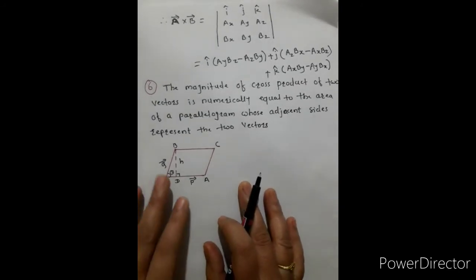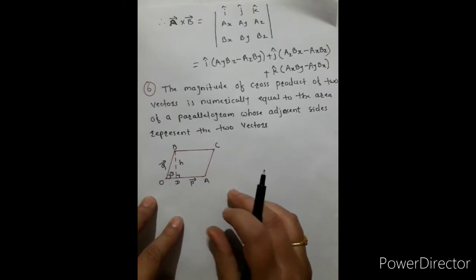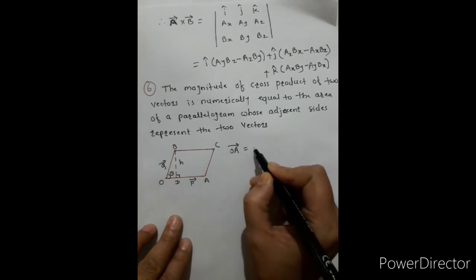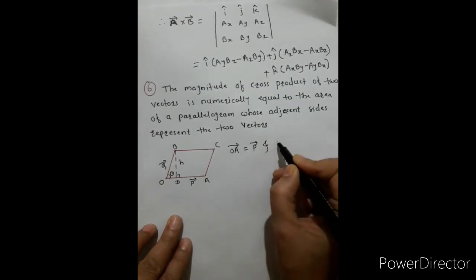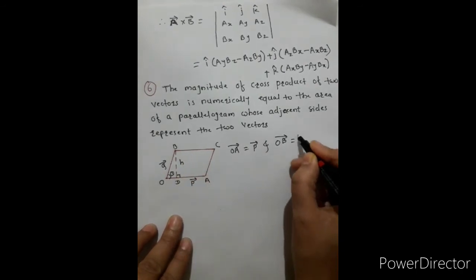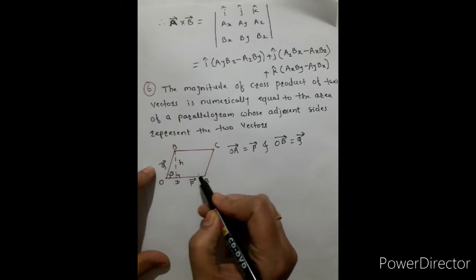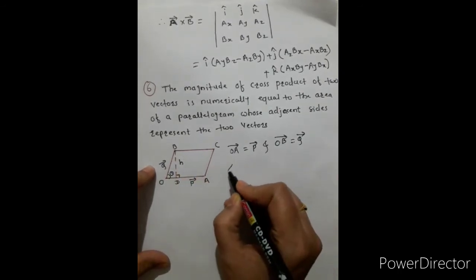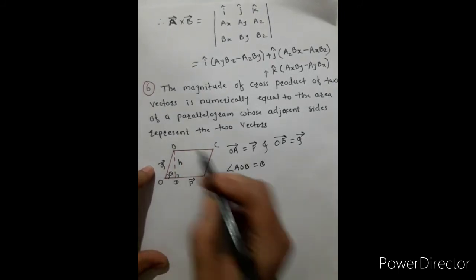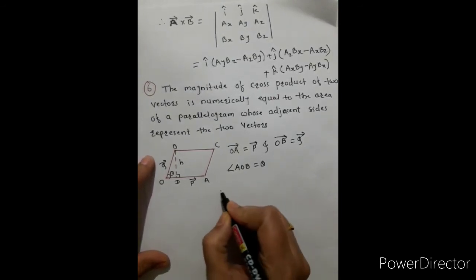So see here, suppose OACB is a parallelogram of adjacent sides, that is OA bar is equal to P and OB bar is equal to Q. Okay, so let angle AOB is equal to theta.